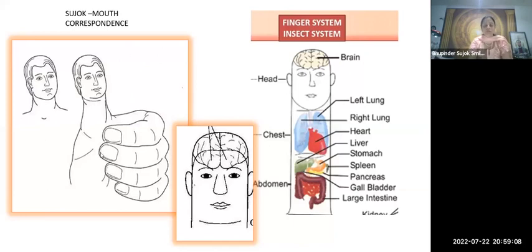So now you know that on the thumb in this area is the mouth point, and on the fingertip, the face and mouth point are here. All beginners, especially those hearing for the first time, remember that the top of this thumb is your face, and the mouth is part of the face. The top part of the finger also represents your face, and the mouth is part of your face.